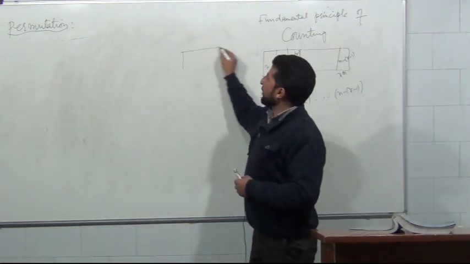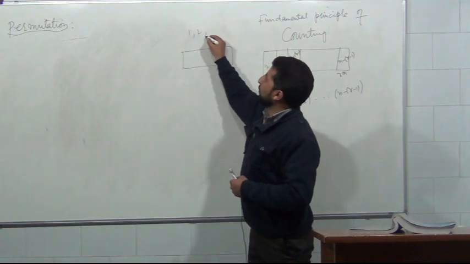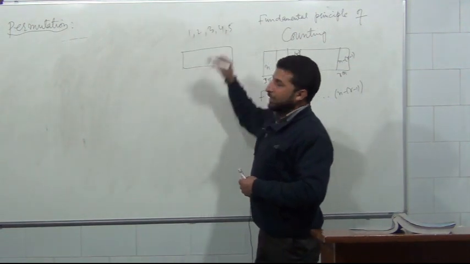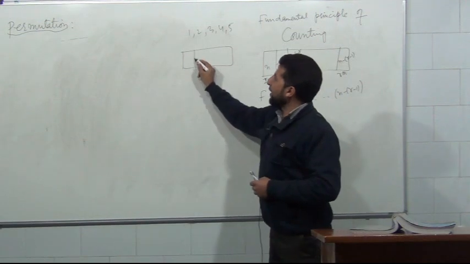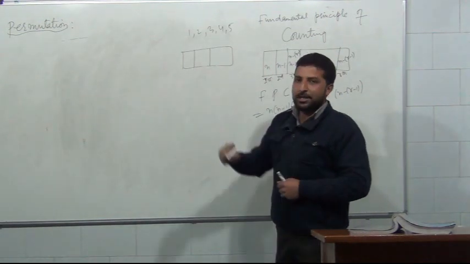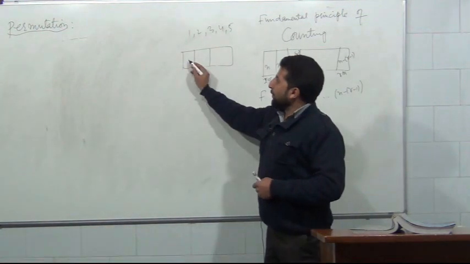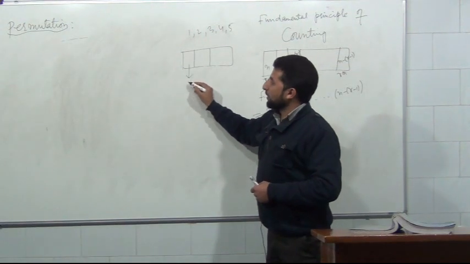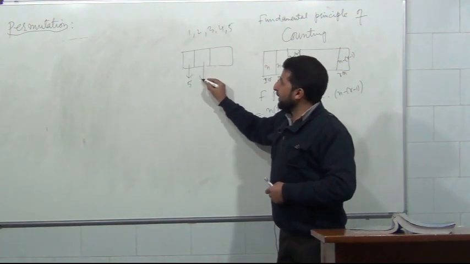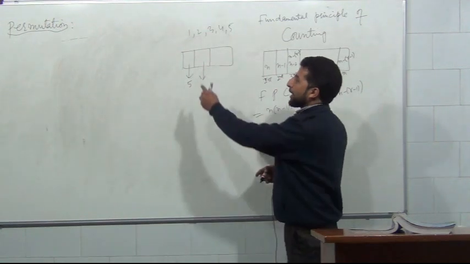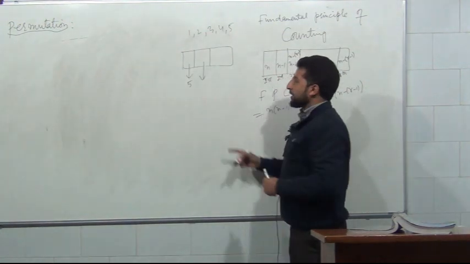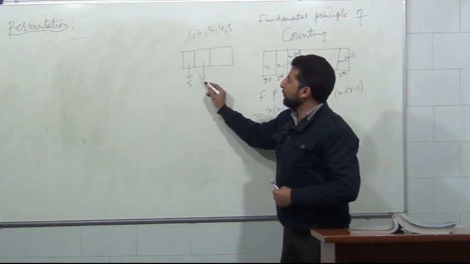Like if you have the digits 1, 2, 3, 4 and 5, and you have to construct 3-digit numbers using 1, 2, 3, 4 and 5. To fill the first place, how many options do you have? 5. To fill the second place, since you have already used one digit in the first place, you have only 4.